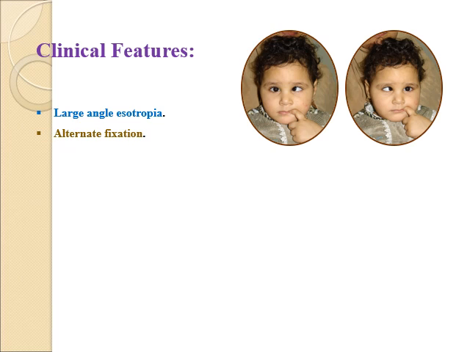She has large angle esotropia with alternate fixation. Her refraction is normal for her age. Corneal reflex confirms the diagnosis of squint and is used to estimate the angle of the squint.